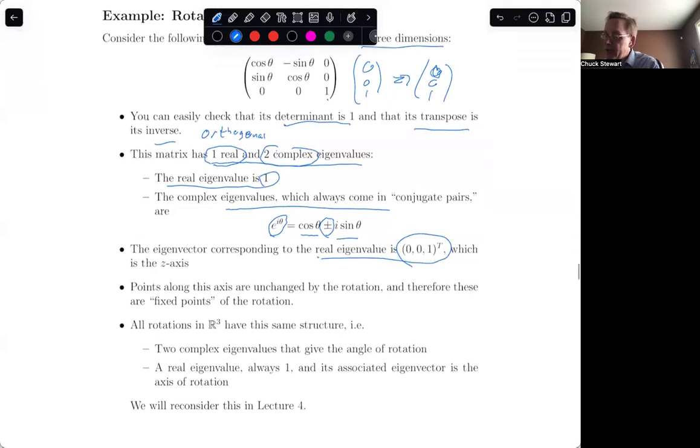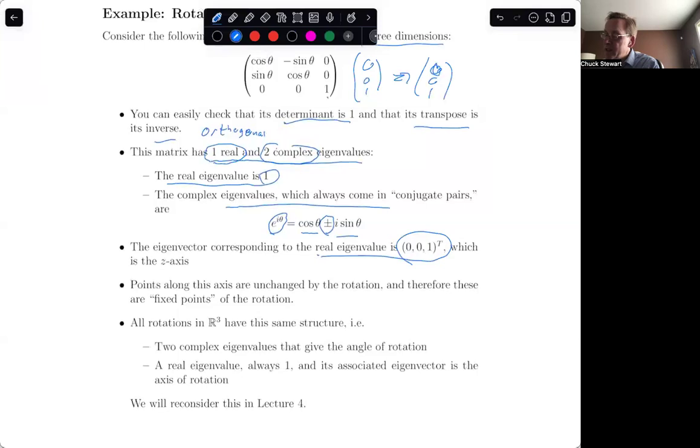But the cool thing about it is we get the complex eigenvalues, and they encode the angle of rotation.